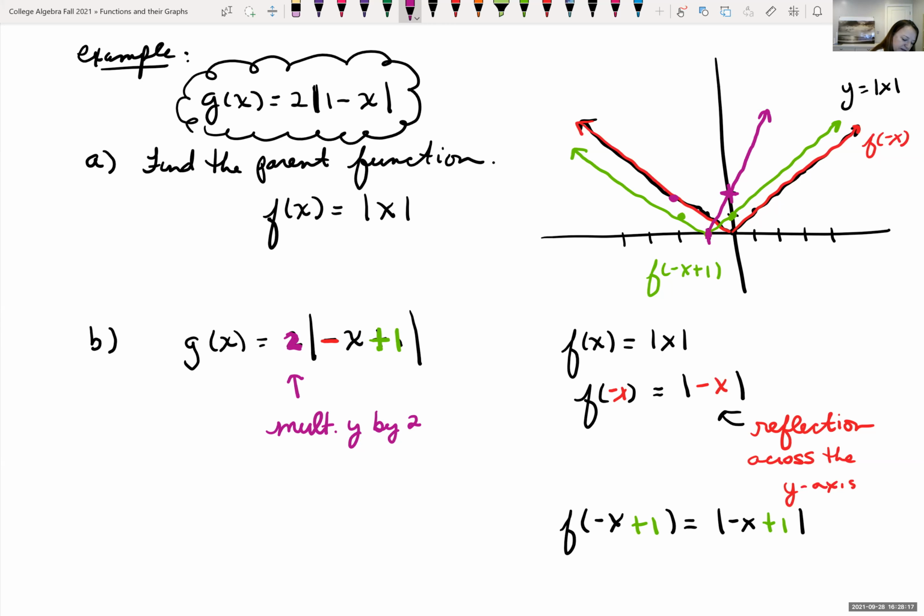And so we get this graph that looks like this. And so this is our final function of g of x.